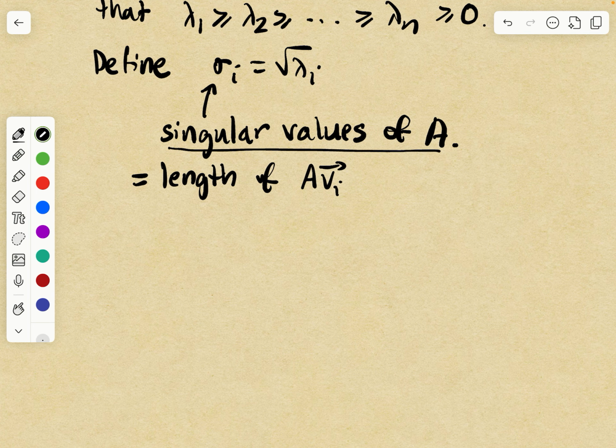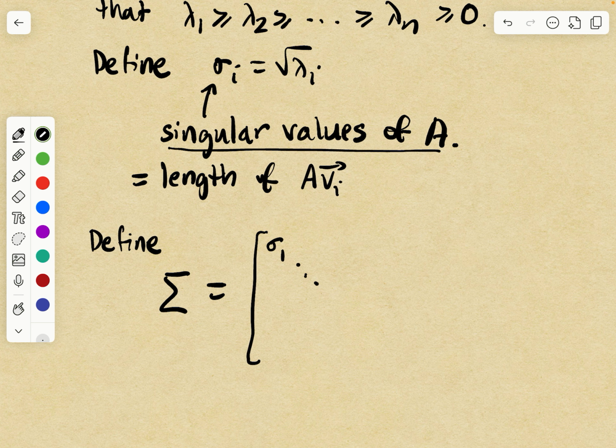And using that, we can define this matrix, which is called sigma. First I'm going to write this down and then I'm going to explain it.